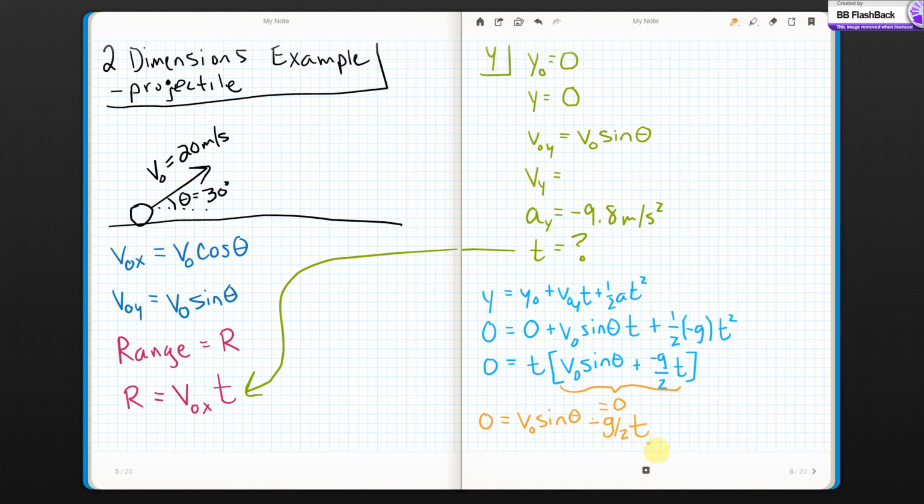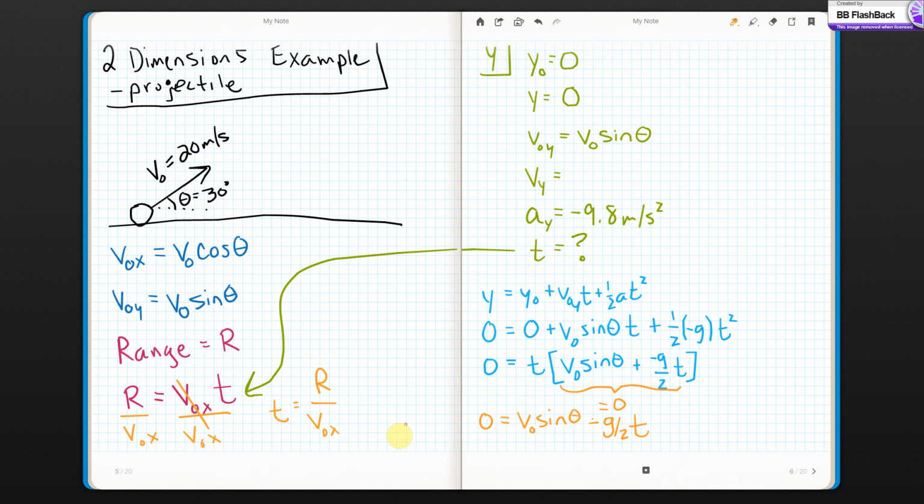I could solve this for t and then plug it in over there, but I think it might be easier to solve the other one for t and plug it in over here. So if I go back over here and divide by v naught x, t is r over v naught x.